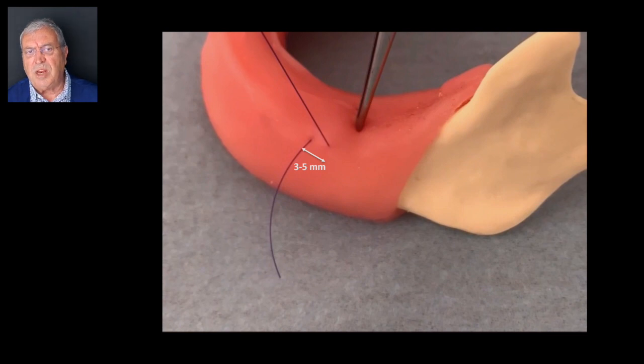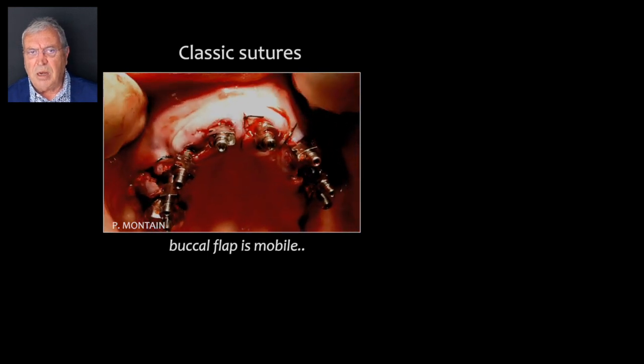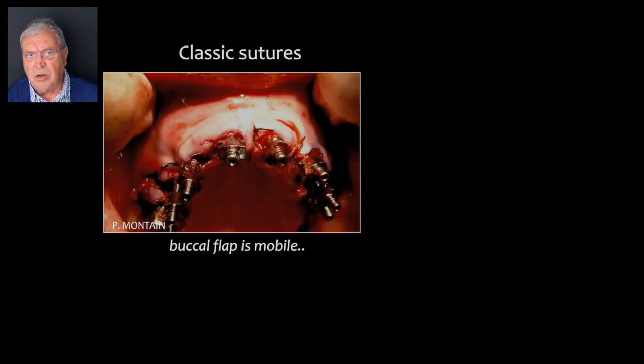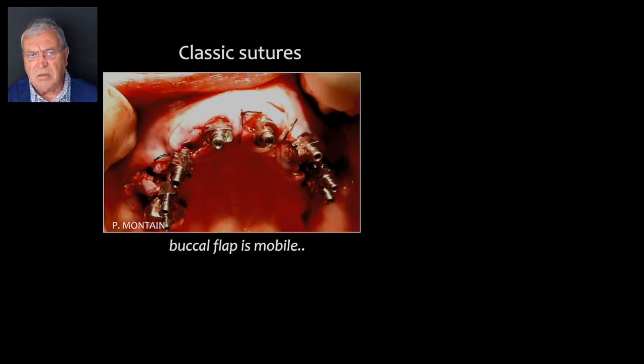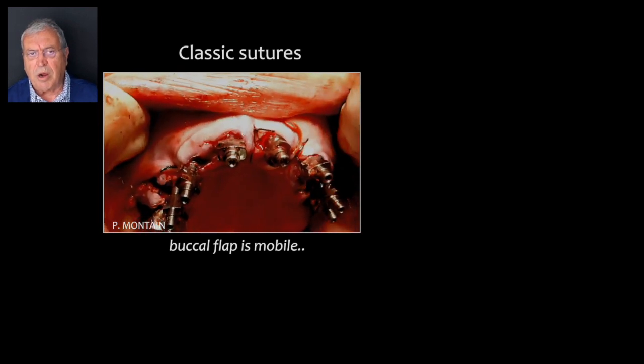Do we need to go very deep into the lingual or the palatal? No, it's not necessary. And then we can see how we can block the mobility and indeed the tension. This is a full arch case with classic sutures, and we see that the whole buccal flap is mobile.